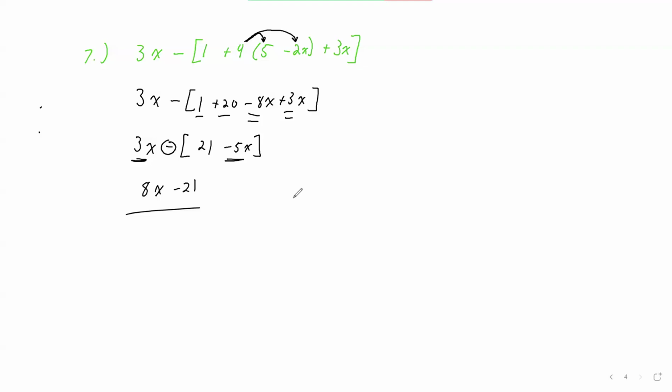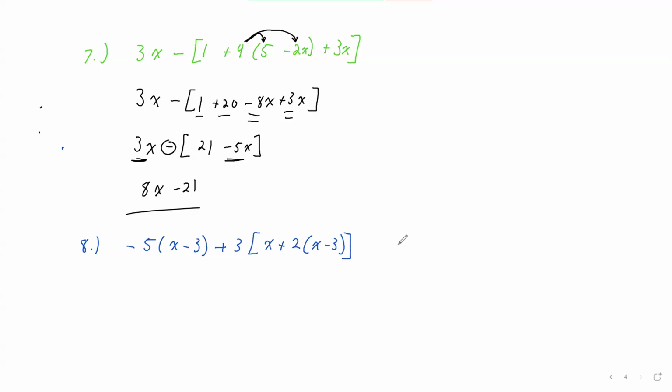I'm going to give you one to try, and then we can put a bow on this one. We'll do some multiplication. Number 8: negative 5 parentheses x minus 3 close parentheses plus 3 bracket x plus 2 parentheses x minus 3 close parentheses close bracket.